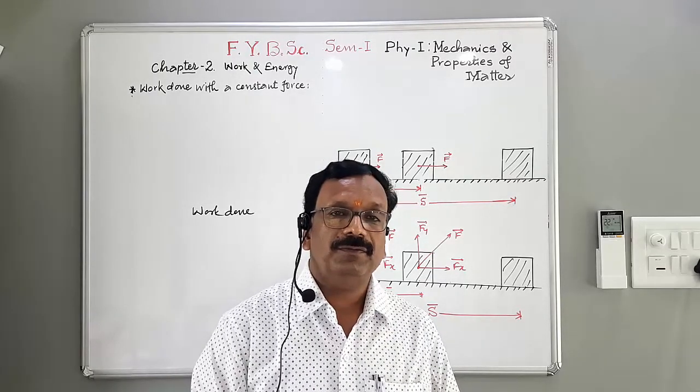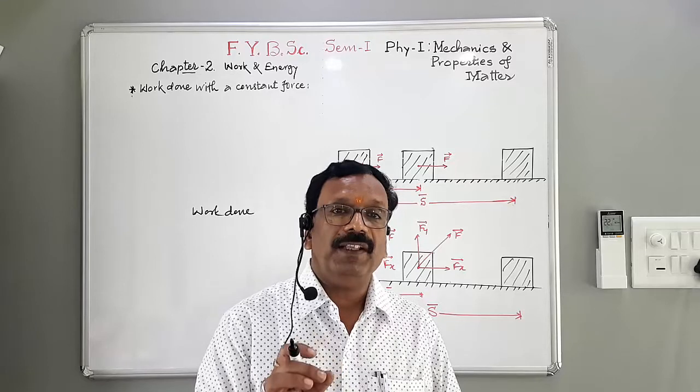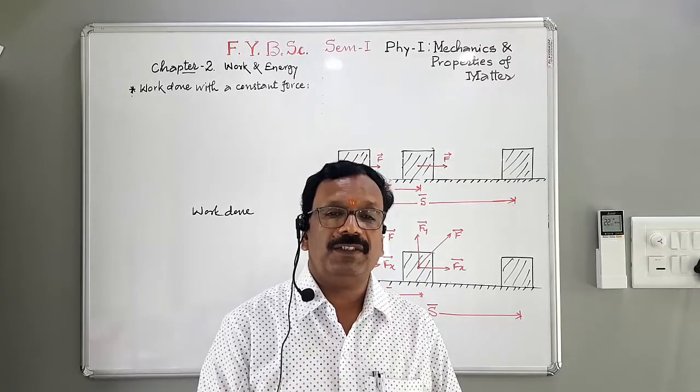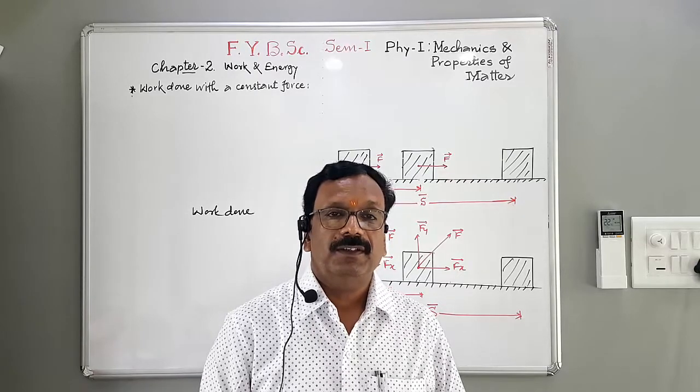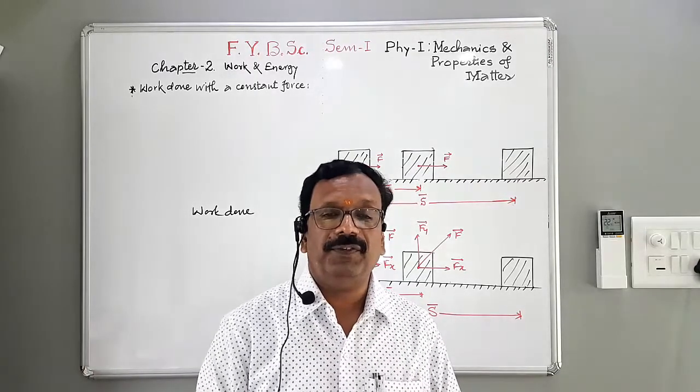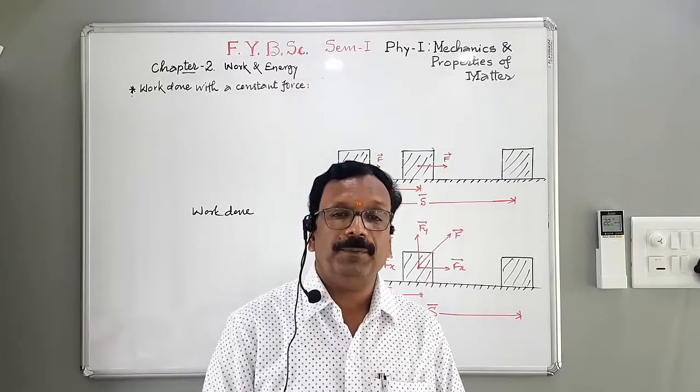First of all, we are going to define the work done by a constant force. What is meant by work done by a constant force? Students, we can define this term in a very simple way.